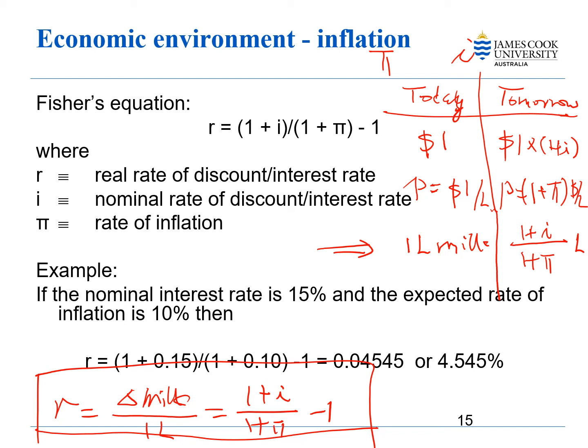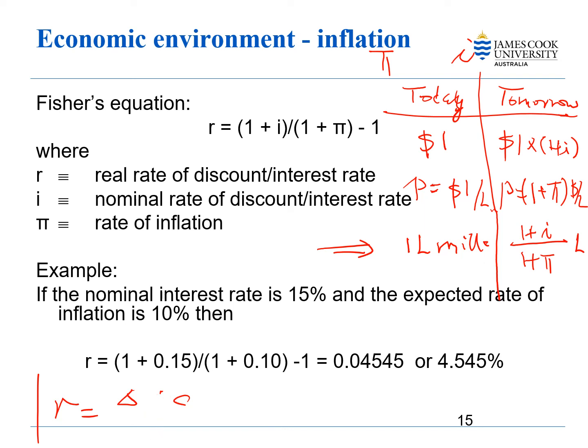Let's look at an example here. If the nominal interest rate is 15% and the expected inflation rate is 10%, what's the associated real interest rate? Plug these numbers into the Fisher equation.